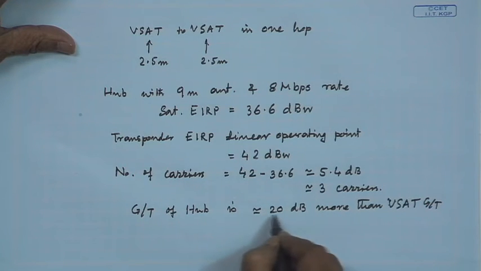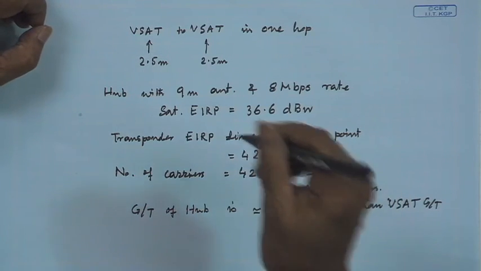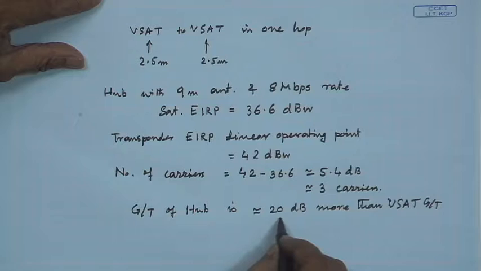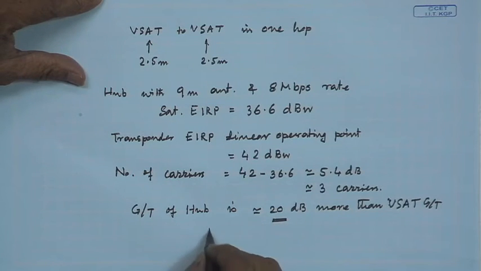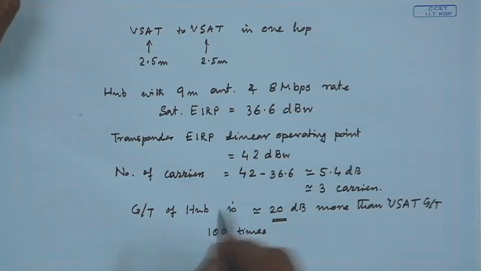So, since this is 20 dB more, therefore, from the satellite the EIRP per VSAT carrier could be 20 dB less to maintain that. And what is the 20 dB? 20 dB is equal to 100. So, there are 100 times more carriers that can be used for VSAT to hub.